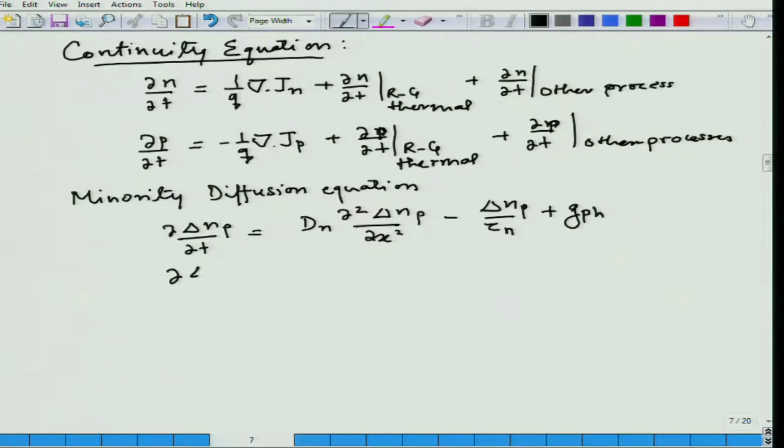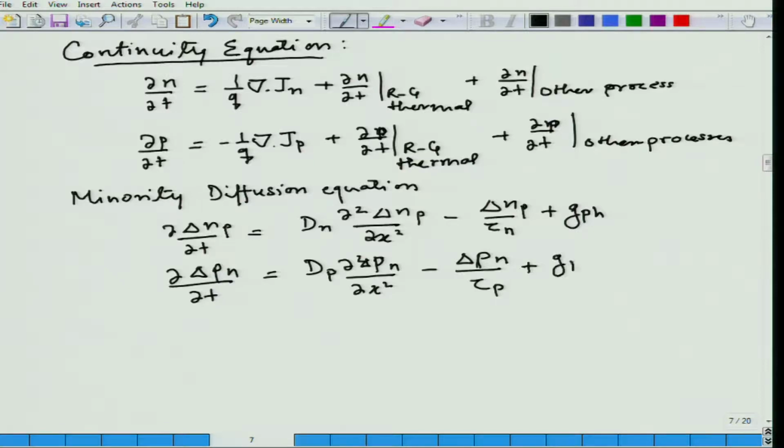And similarly, I would solve it for holes also, and this will be given by, for the diffusion of holes, the second derivative of x, the hole concentration in n type material, minus the recombination due to thermal processes, plus the photo generation.